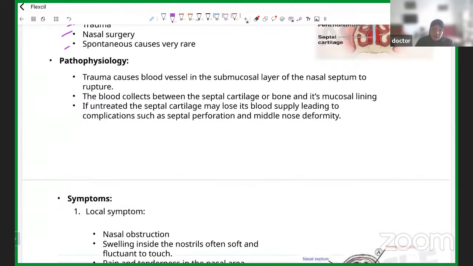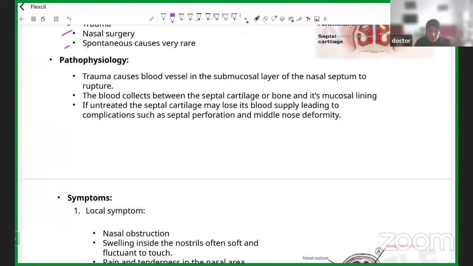Pathophysiologically, trauma causes these blood vessels in the submucosal layer of the nasal septum to rupture. Okay. Now, when these blood vessels rupture, the blood starts to collect between the septal cartilage or the bone, or into its mucosal lining, not in your nostrils.